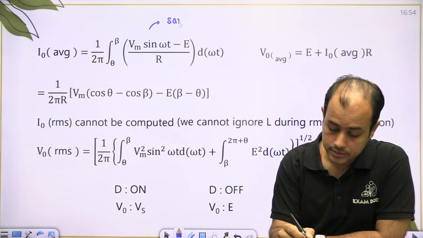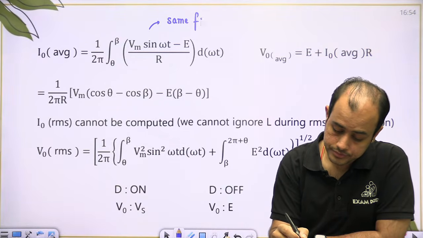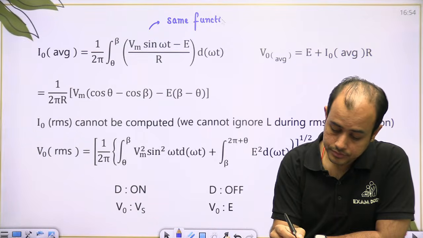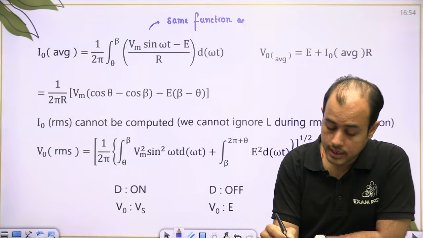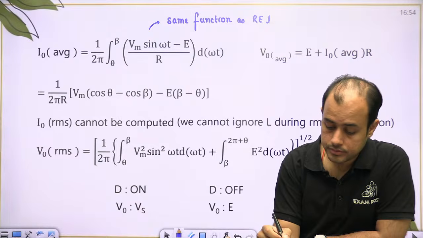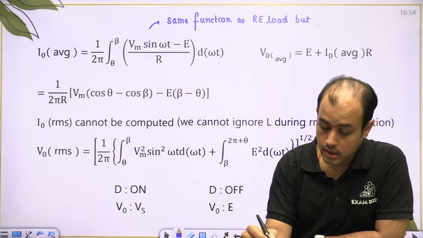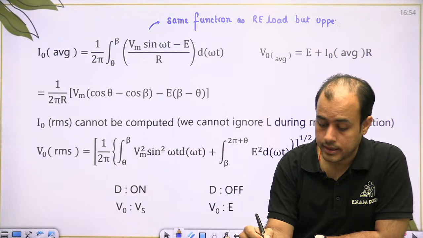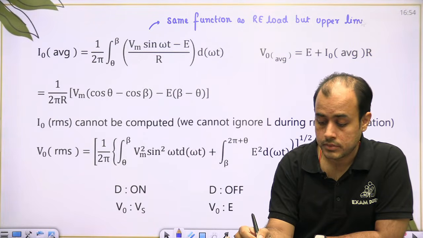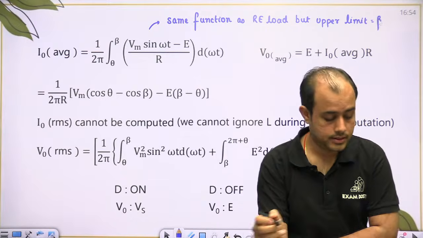Same function as RE load, but upper limit is equal to beta.